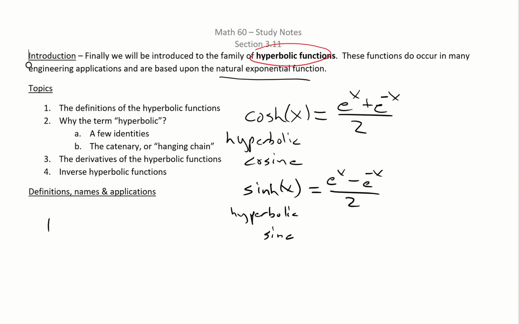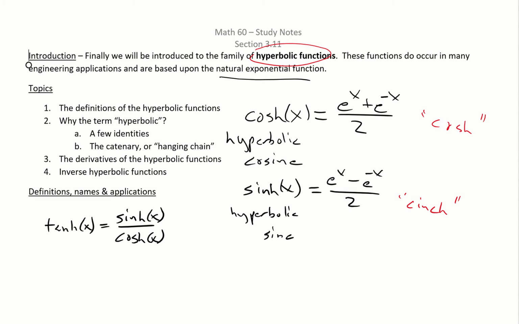So for example, hyperbolic tangent of x is hyperbolic sine of x over hyperbolic cosine of x. Of course, the abbreviations for these guys, by the way, are cosh x and sinh x.